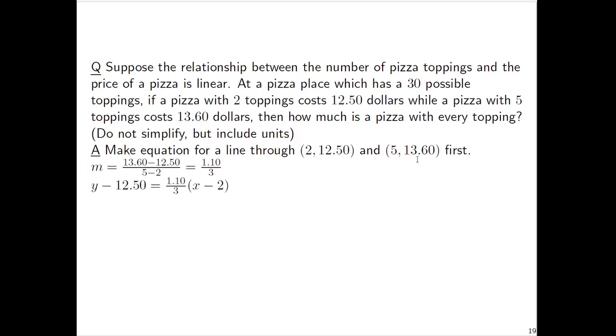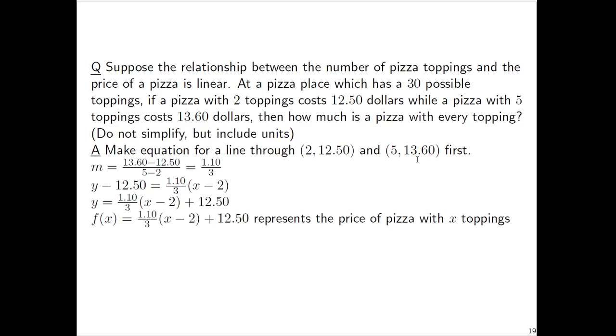This is in point slope form. And it will help us if we add 12.50 to both sides so that y is all by itself on one side. We could even name that a function now, right? So f of x equals 1.10 over 3 times the quantity x minus 2, close parentheses, plus 12.50 represents the price of a pizza with x toppings on it.